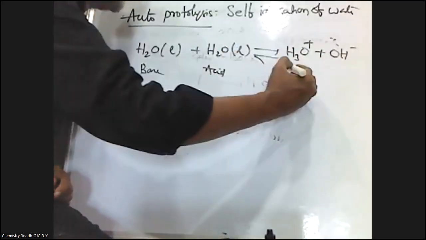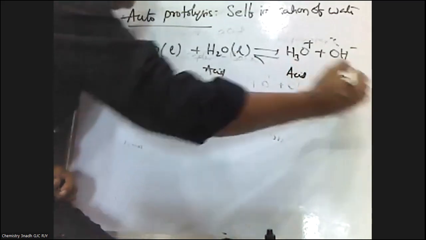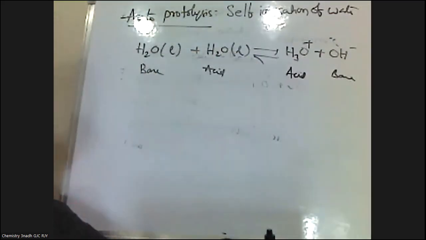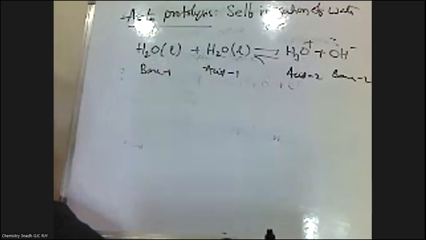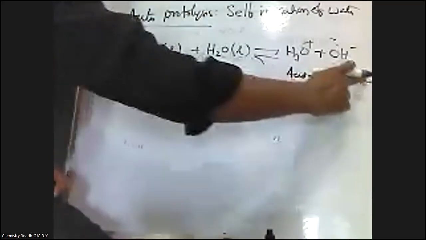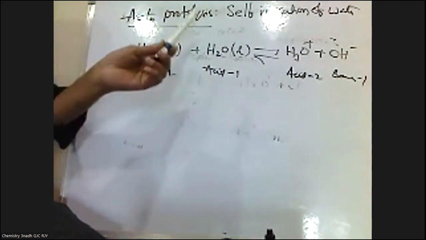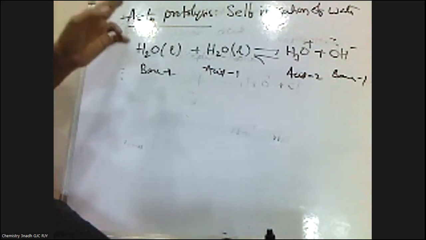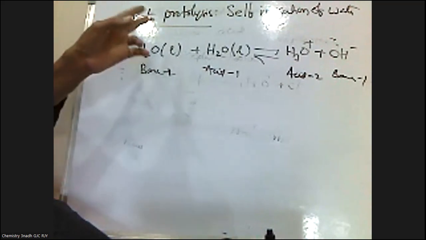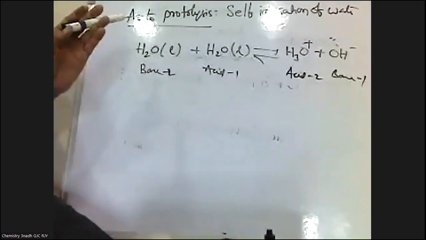If you take the reverse reaction, one is acting as an acid and the other as a base. So for our convenience, I am writing acid 1, acid 2, base 1, base 2. So this we are calling the autoprotolysis or self-ionization of water.